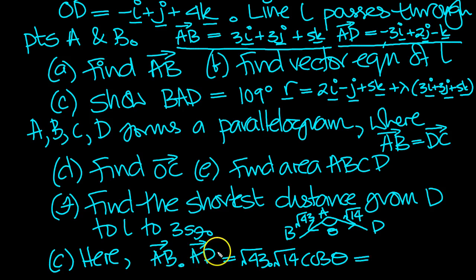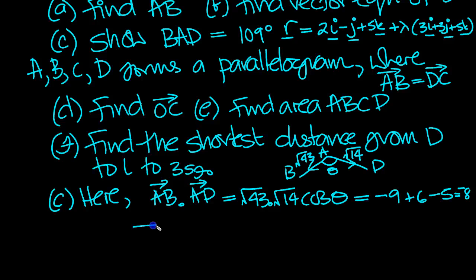So what's the dot product of these two vectors? Here they are. 3 times minus 3 is minus 9. 3 times 2 is 6. And 5 times minus 1 is minus 5. And that equals minus 8. 9 minus 9 plus 1... sorry, minus 9 plus 6 minus 5 is minus 8.